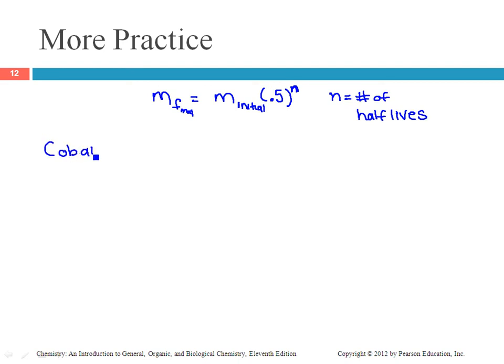So we have cobalt-60, which has a half-life of 5.25 years.